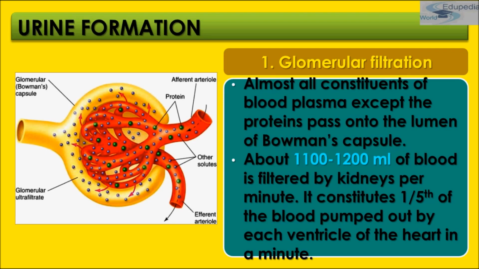Glomerular filtration is also known as ultrafiltration. It is a physical process of filtration of blood under high pressure that takes place in the Malpighian body, also known as the Malpighian corpuscle.